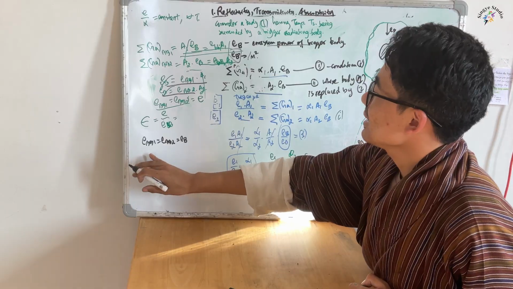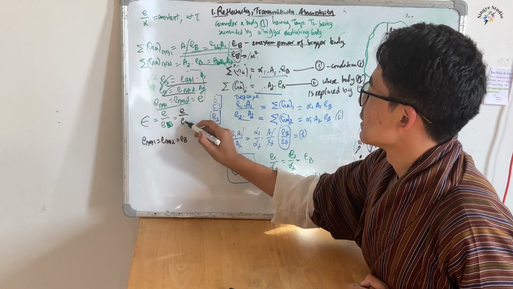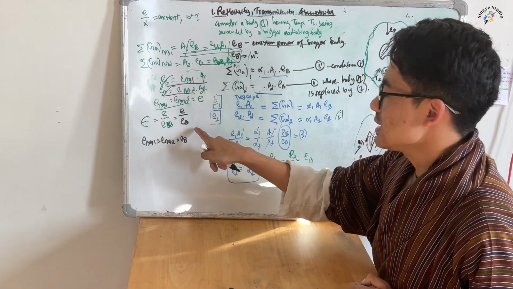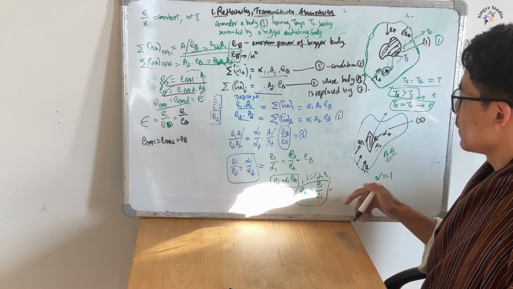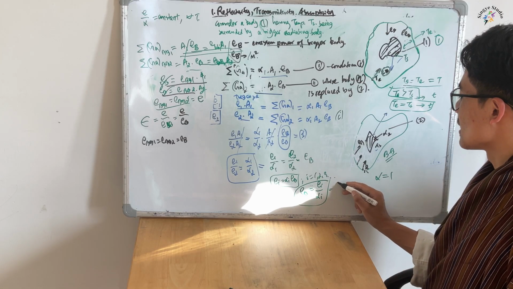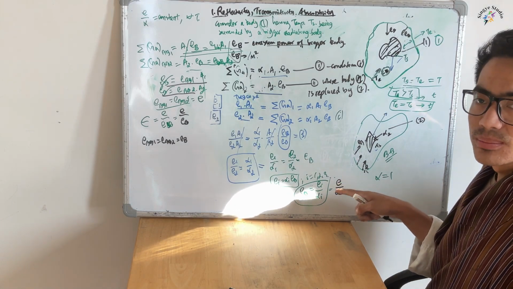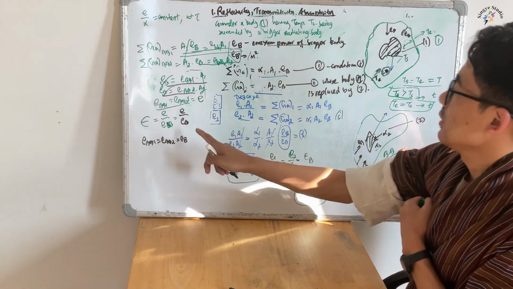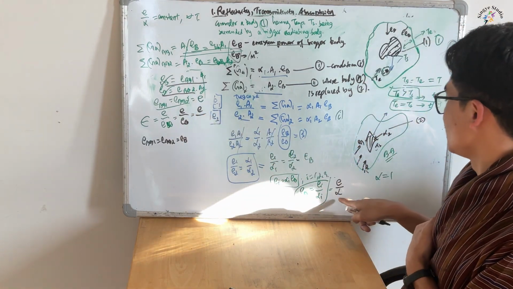Therefore, I can replace this by E_B, right? So I can say E by E_B. If this is the case, then I can also generalize this as E upon alpha, because it does not depend on how many bodies you choose. Therefore, I have E divided by what is E_B?